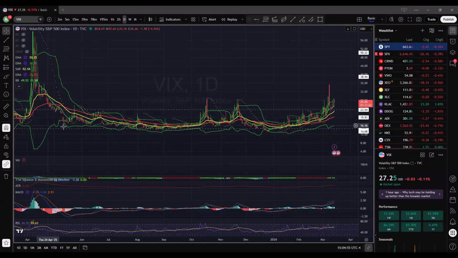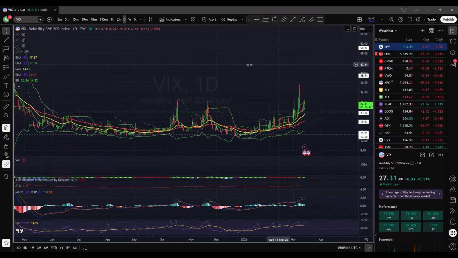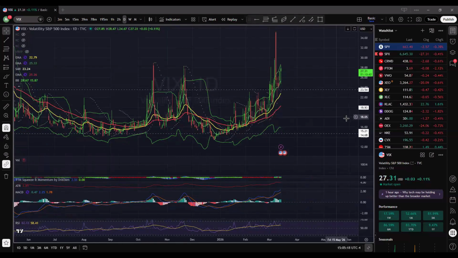We see that there are times where VIX goes up above the range, and then it comes back down. Right now we are outside of the range. I can't guarantee you, but I can say one thing with certainty: at some point, we don't know when, VIX is going to revert back towards 20.